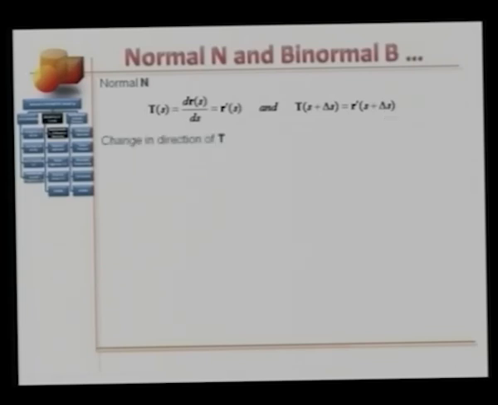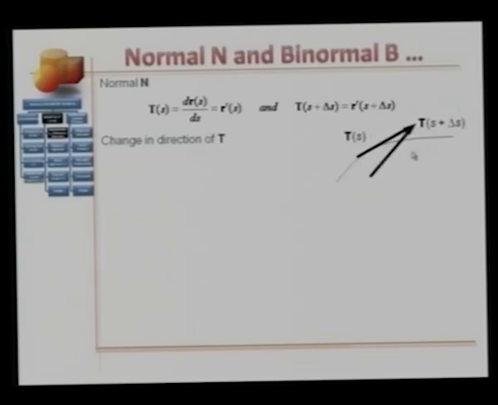Let's see how the direction of the unit tangent changes. You have this curve, you have ds, here the unit tangent at some point, and then at a point very close to this point, we have another unit tangent, t of s plus delta s.